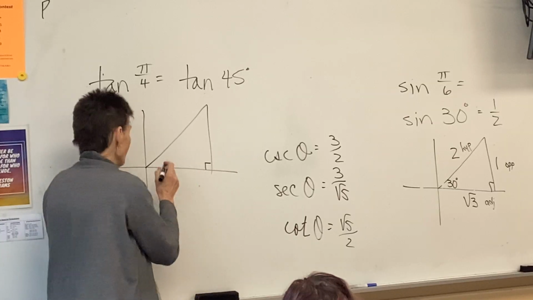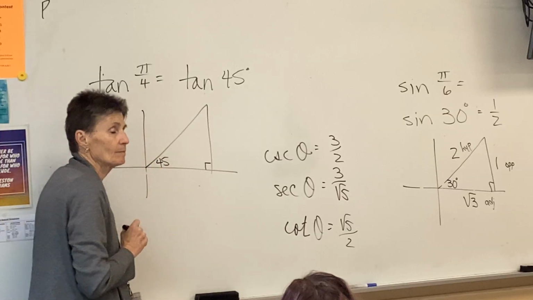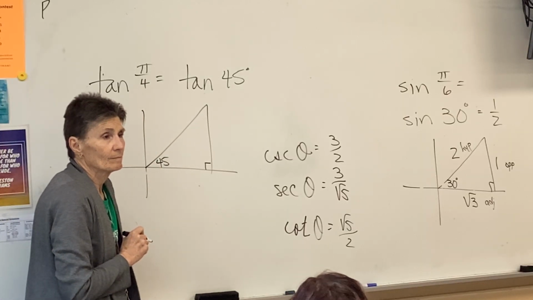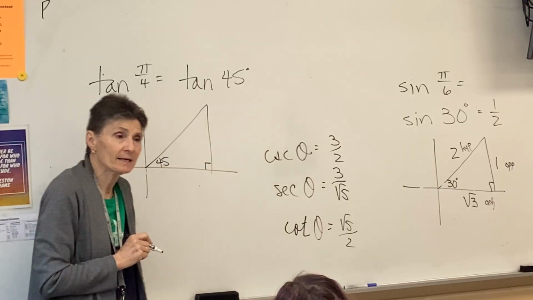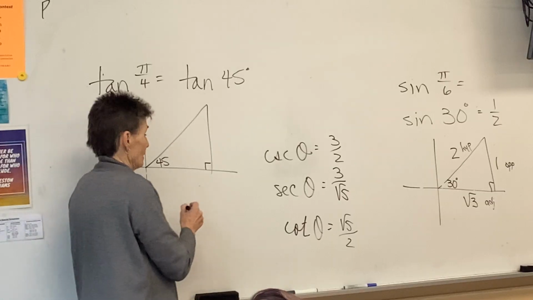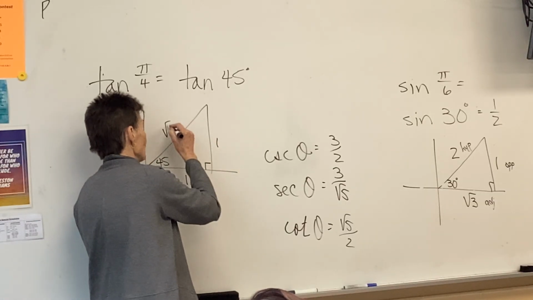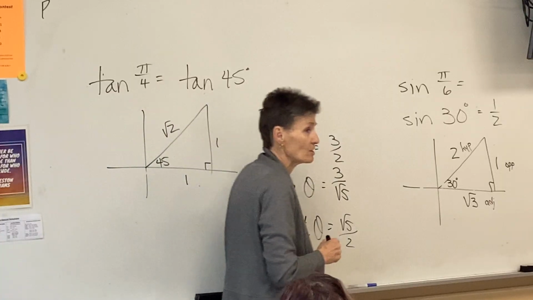My angle, which always goes right here at the origin, is 45. Now, what do we know about the sides of a 45, 45, 90? 1, 1, root 2. And again, that never changes.